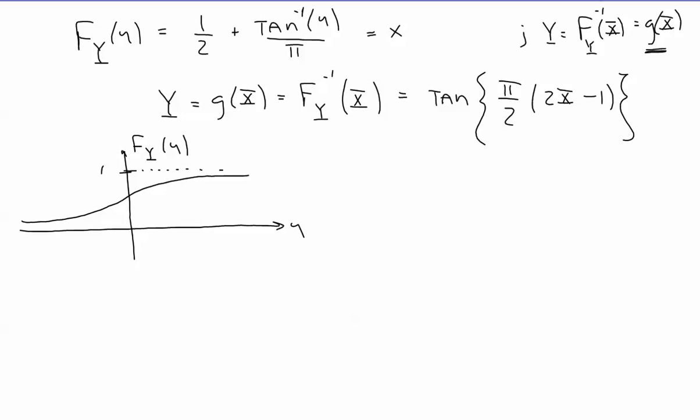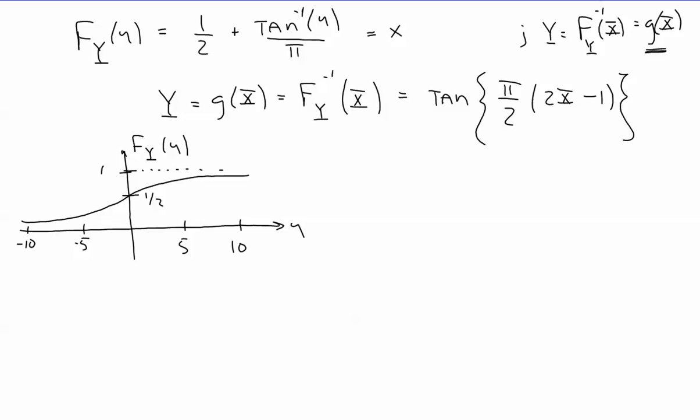It asymptotically approaches 1. That's a half. And for this one, when alpha equals 1, the scale is maybe about 5, 10 here, minus 5, minus 10. Roughly, that's the scale.